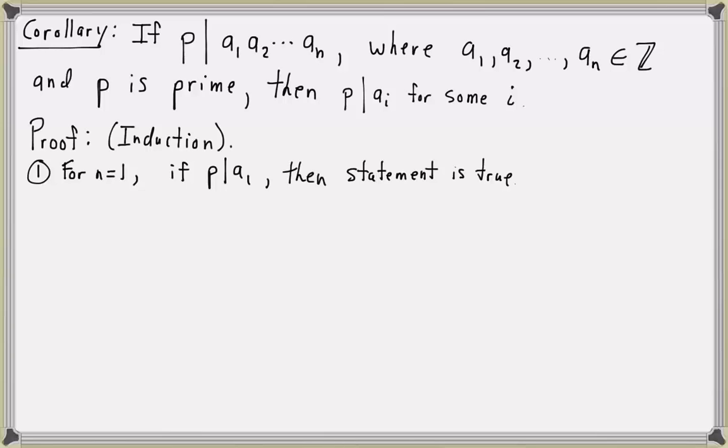We've actually already proved the statement is true for n equals 2. This is the previous corollary. So we know that the statement is true if p divides a product of two integers.